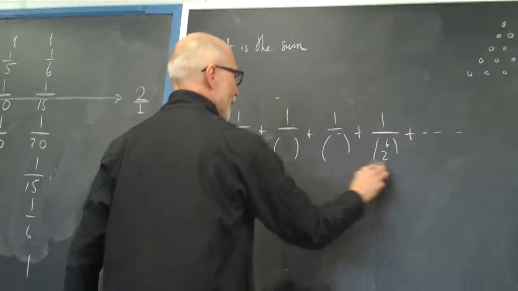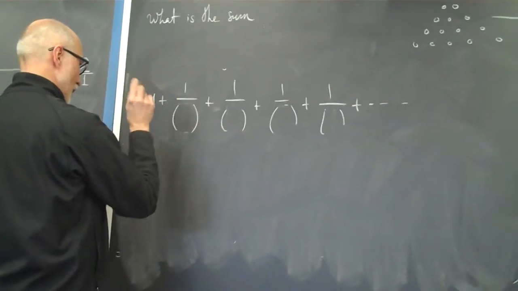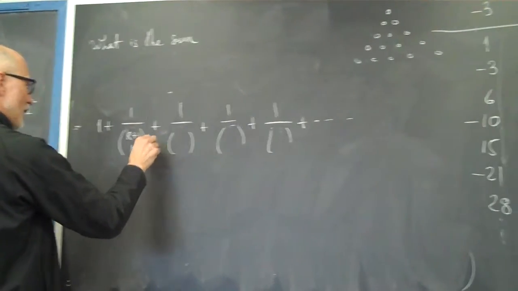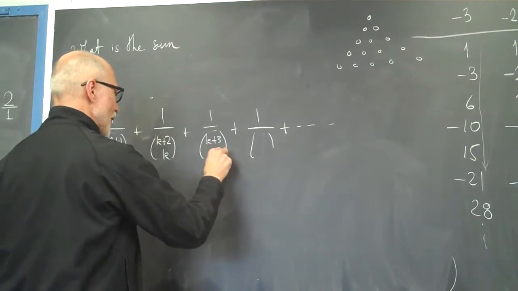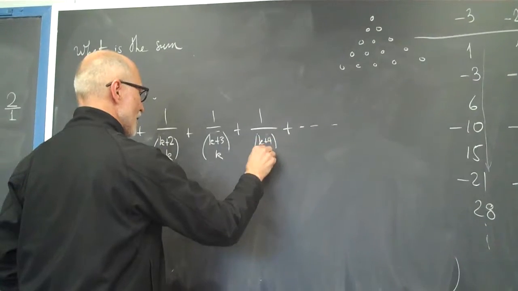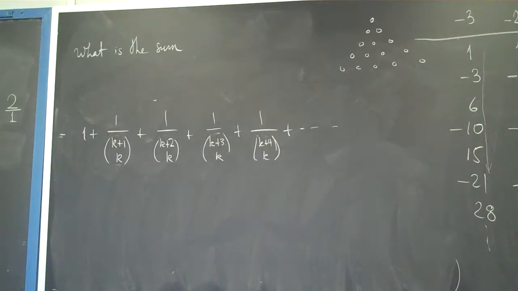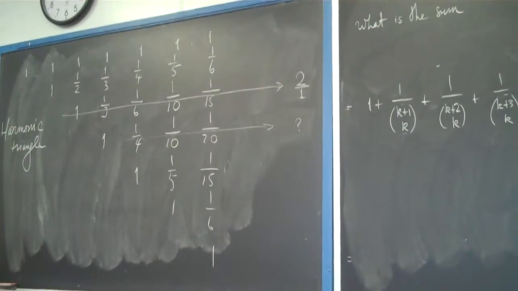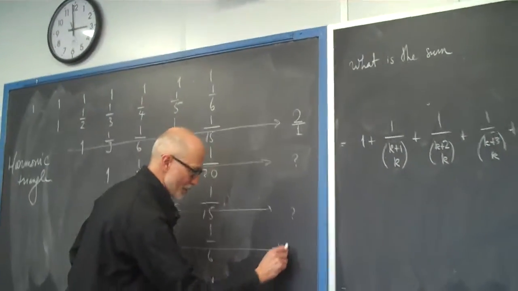So I'm going to take K plus 1 choose K, K plus 2 choose K, K plus 3 choose K, K plus 4 choose K, etc., etc., etc. So in other words, when K is equal to 3, I'm going to get this sum here, okay, and when K is equal to 4, get this sum, et cetera, et cetera, et cetera.